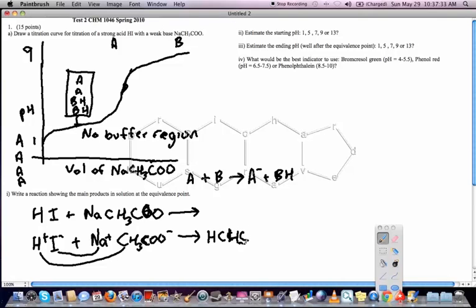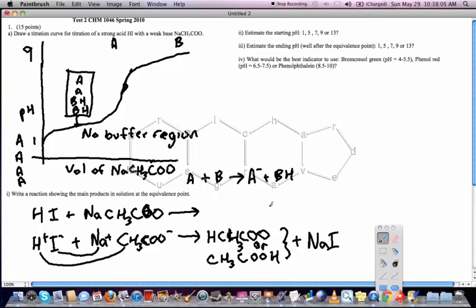So we can look upon this as being HCH3COO, or CH3COOH, which is the more familiar form of it, plus NaI. So you could write either of these for the first part of that reaction.